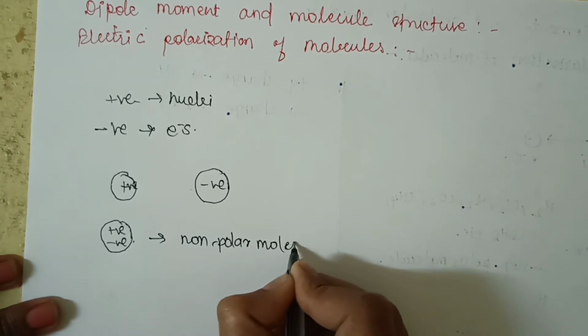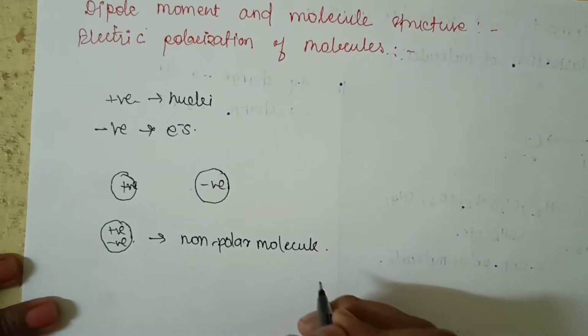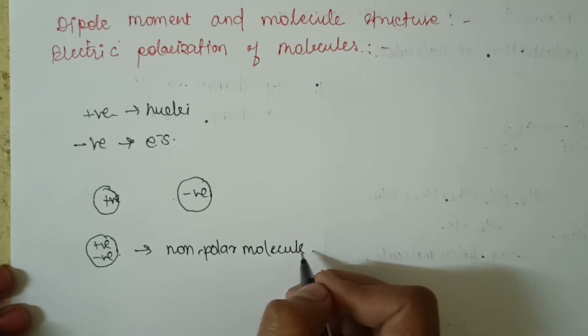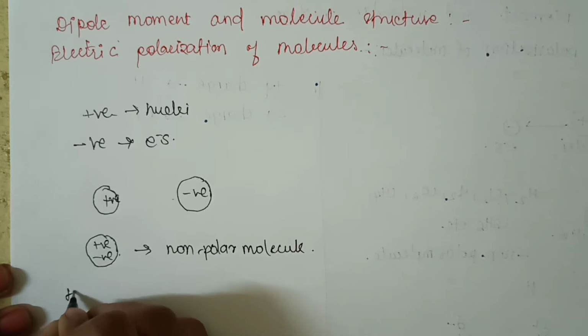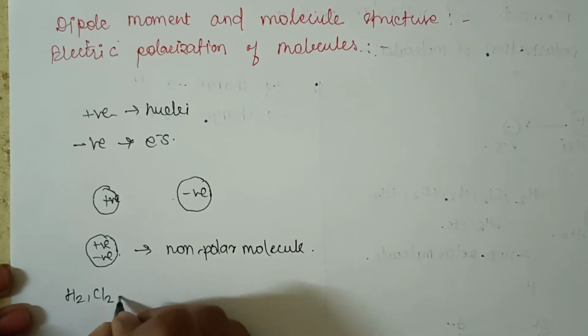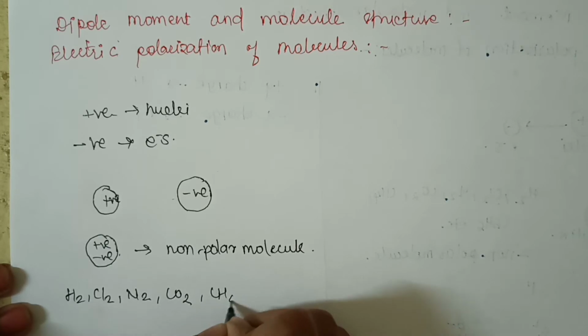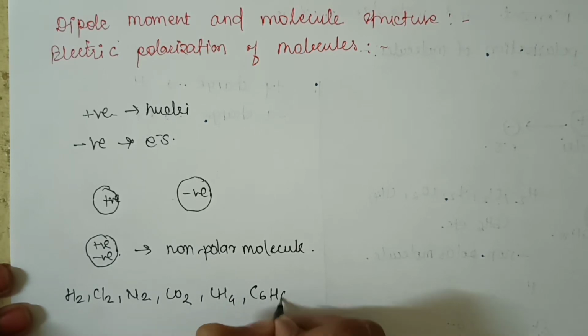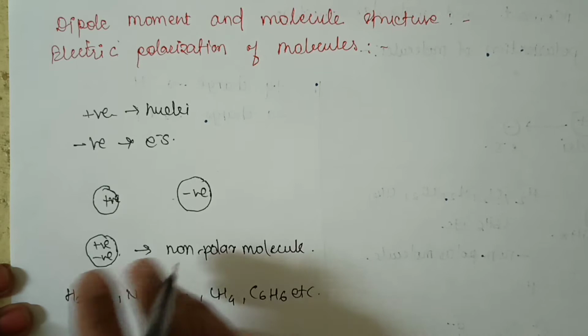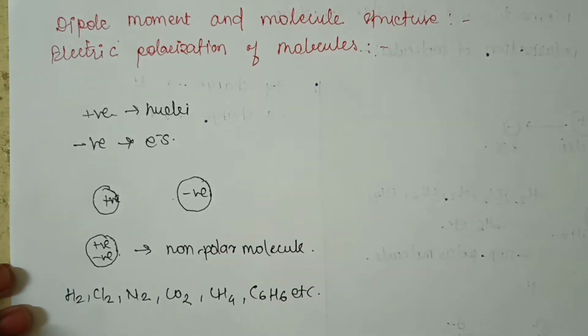Examples of non-polar molecules are H2, Cl2, N2, CO2, CH4, benzene, etc. But there are other molecules like HCl, CH3Cl, chloroform, water, NH3.